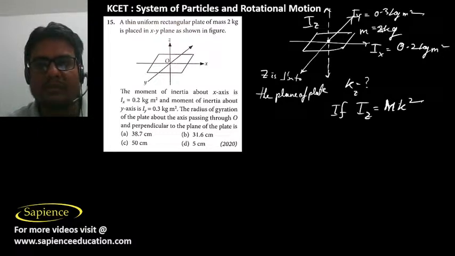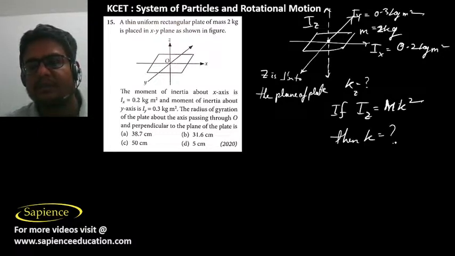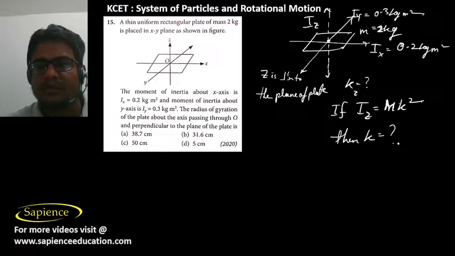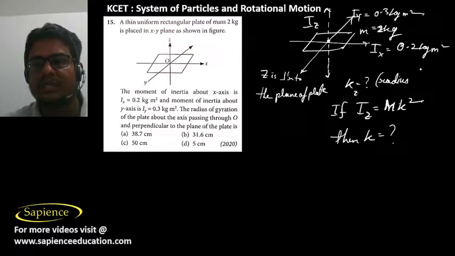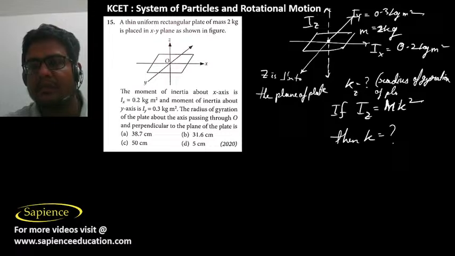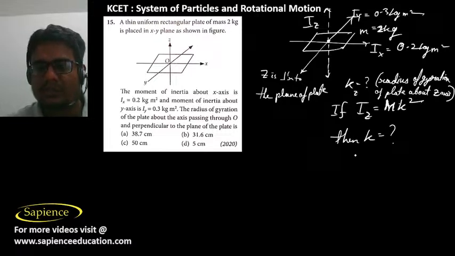The mass of the plate is 2 kg, and we have to find K, the radius of gyration of this plate about the z-axis. So that we need to find.